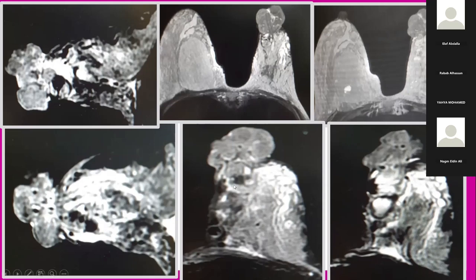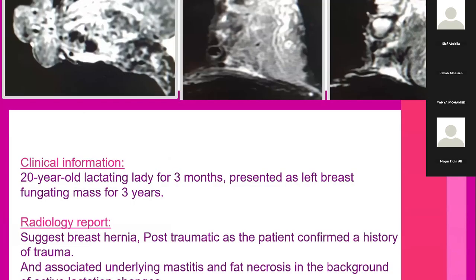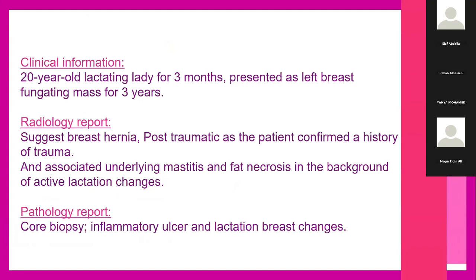If you look here, this portion of the breast is normal, while here there are a lot of changes, which was seen also in ultrasound, and we reported it as a left breast hernia, radiologically post-traumatic in nature, associated with underlying mastitis and possible fat necrosis, in a background of active lactation.